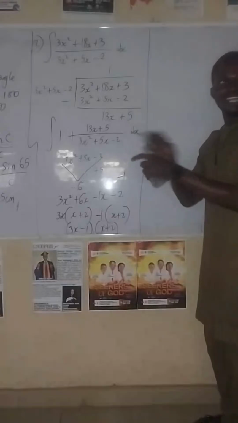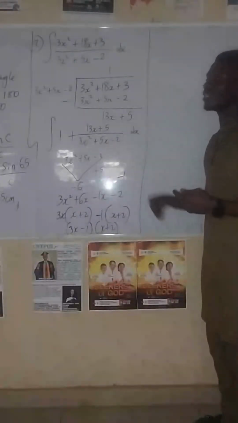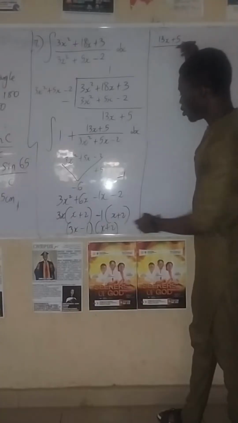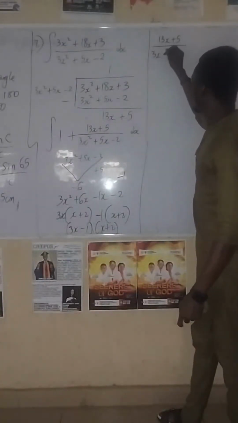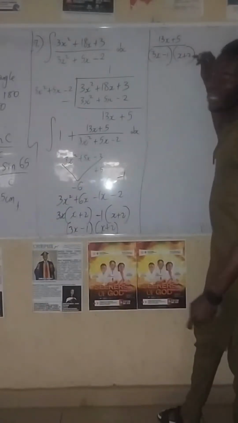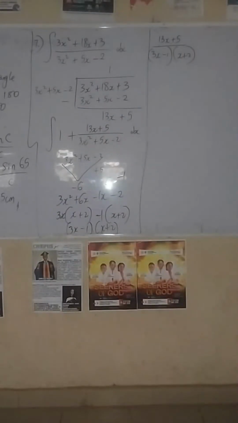So now, we have factorized the denominator. Now, the partial fraction, let's bring it out first. Later on, we'll bring it back in. So that means we have 13x plus 5 all over 3x minus 1 and x plus 2, right? We are going to do this into partial fraction, meaning that we want to separate it to become 2.